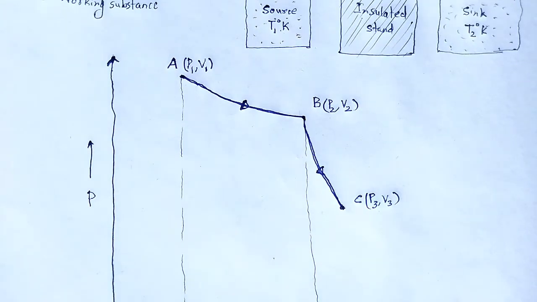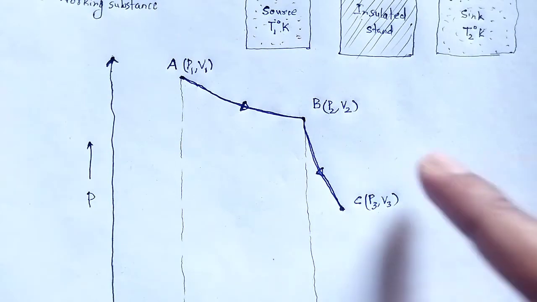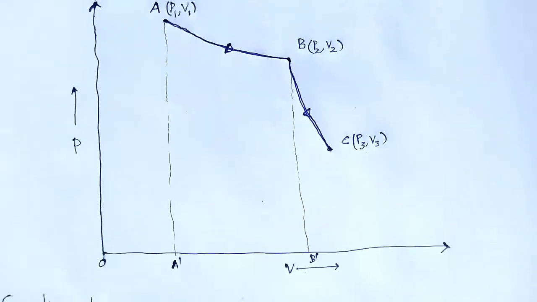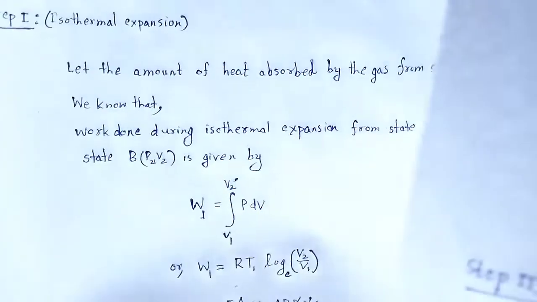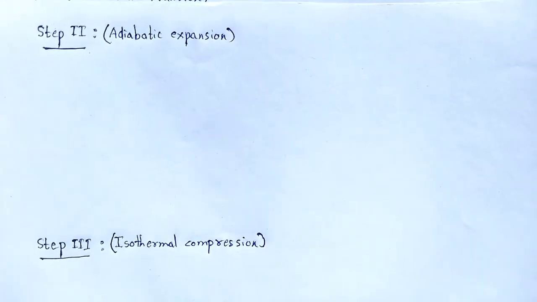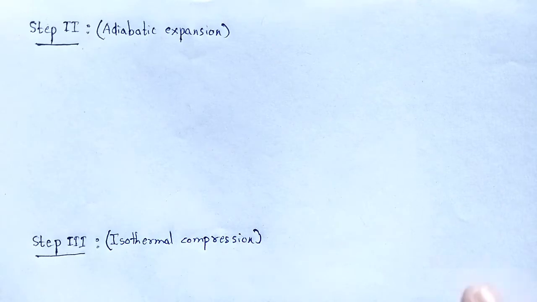So we can say what happened in that adiabatic expansion, how work done proceeds. So in step 2, that is adiabatic expansion, what happened?